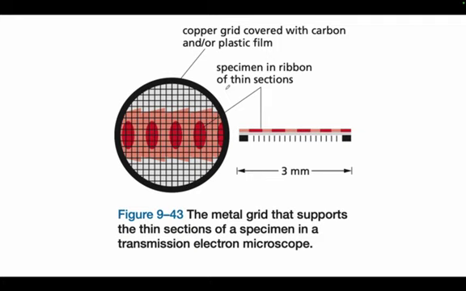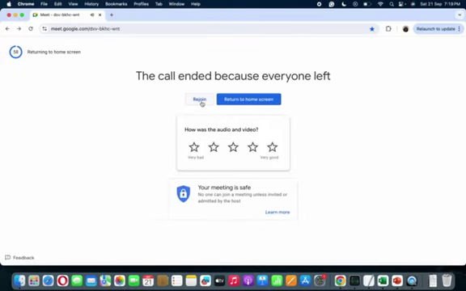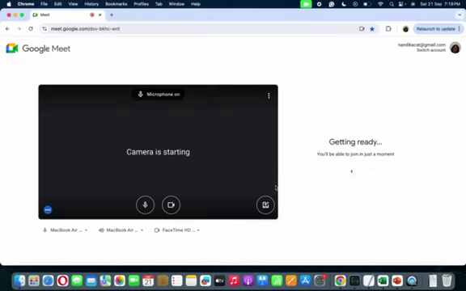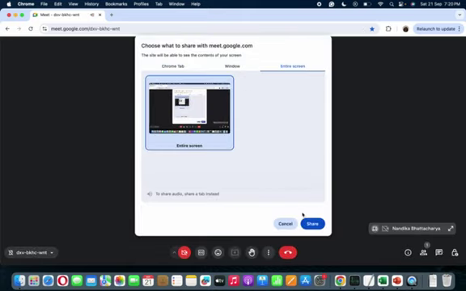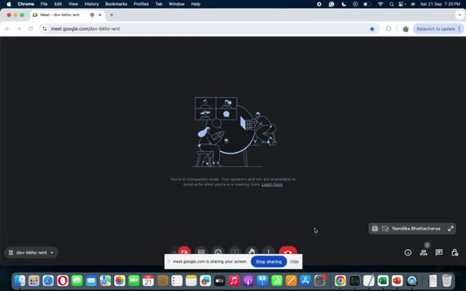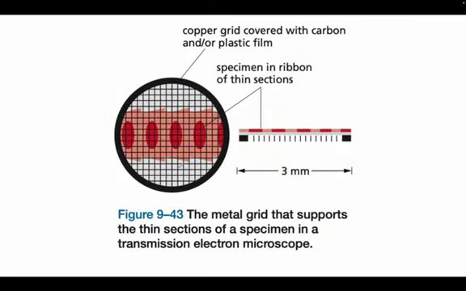For transmission electron microscopy, we can't keep a specimen on a slide. Instead, we have to use this metal grid, usually a copper grid, which can be covered in carbon, and this is going to be the support for our specimen.